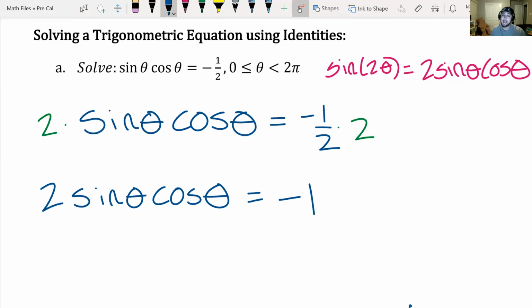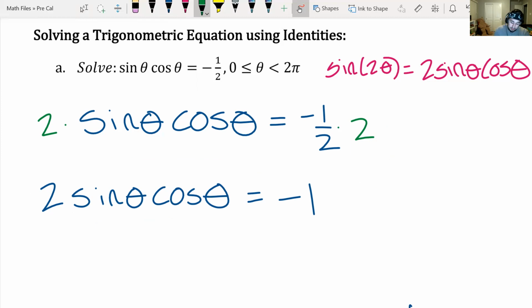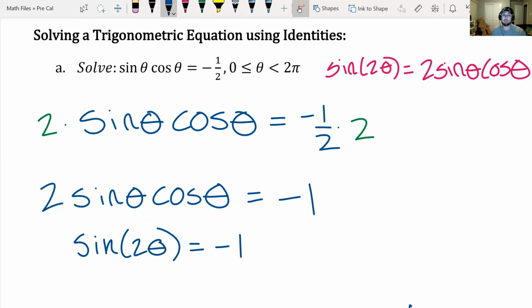And now, by identities, 2 sine theta cosine theta is sine 2 theta. So we bring that in. This becomes sine 2 theta equal to negative 1.